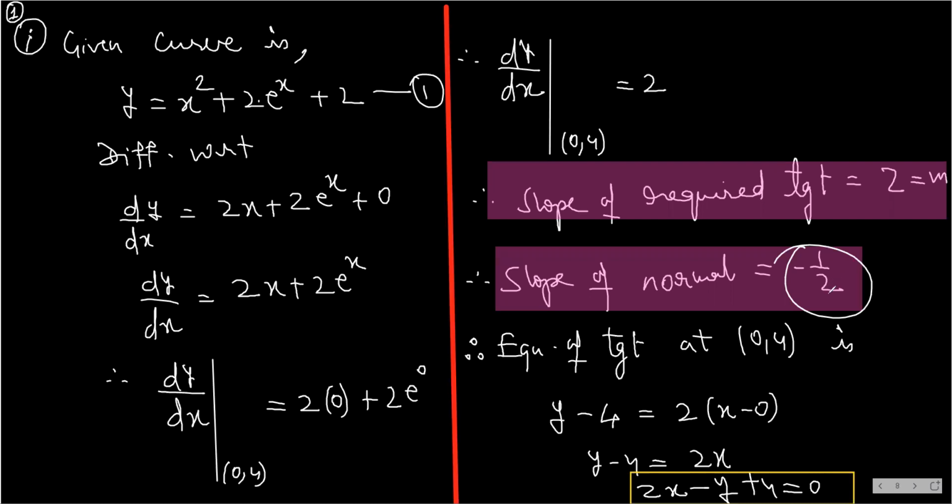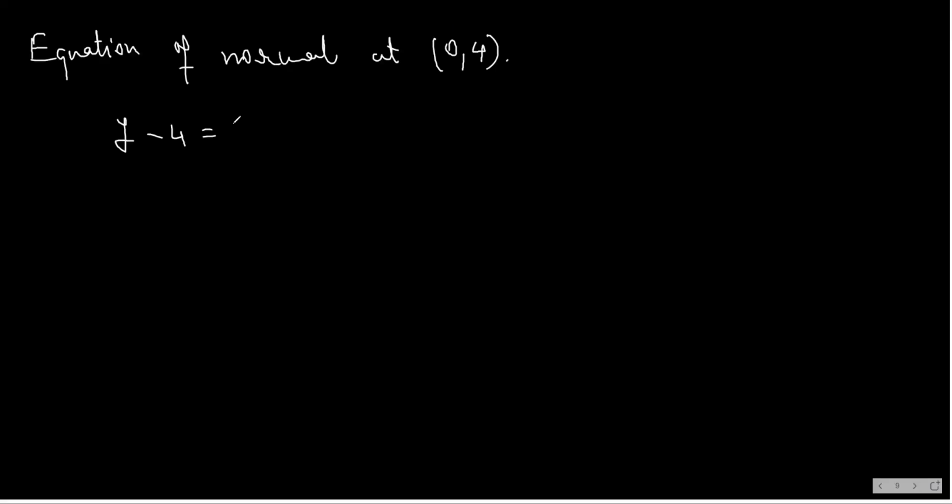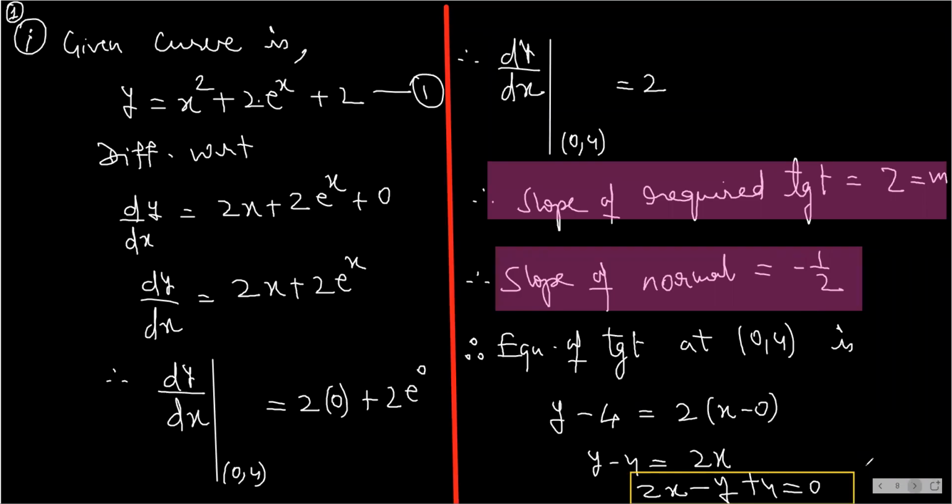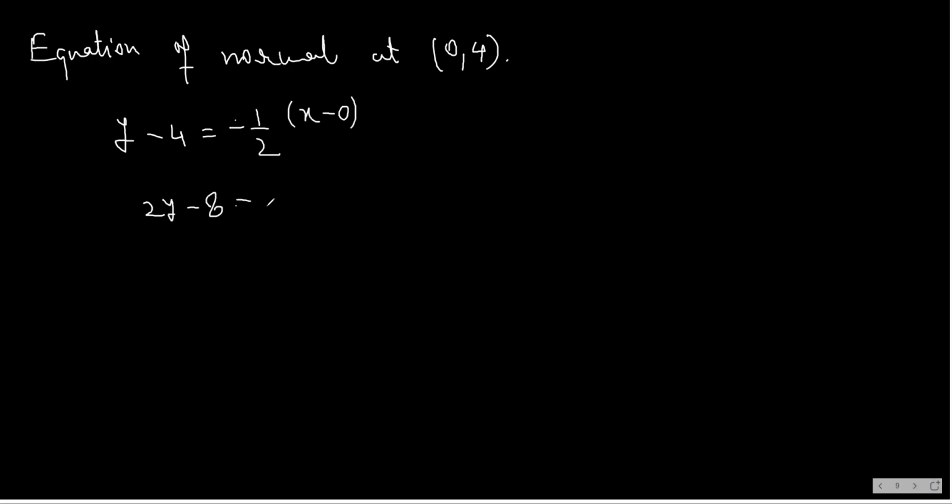Negative 1 by 2, into x minus 0. So now cross multiply. Here you have 2y minus 8 equals minus x. So x plus 2y minus 8 equals 0. This is the equation of normal. You got the equation of tangent as well as normal. Please copy this.